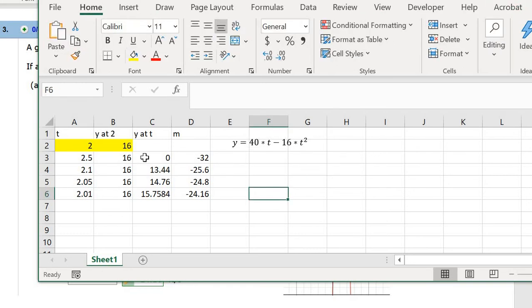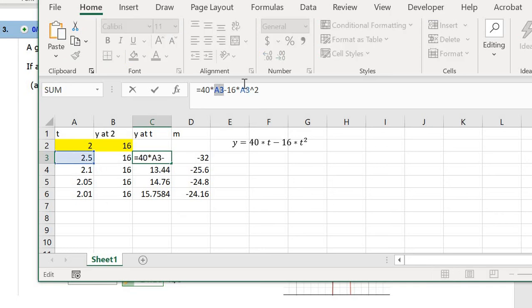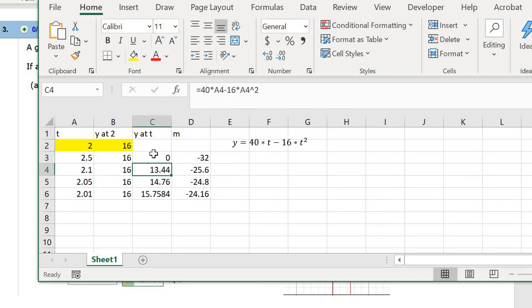And so what I did is in here, instead of the t, I put the x. That was in A3. And everything else I kept the same. Then I just changed to whatever they asked me to. 0.1 away is 2.1, 0.05 away is 2.05, 0.01 away is 2.01.